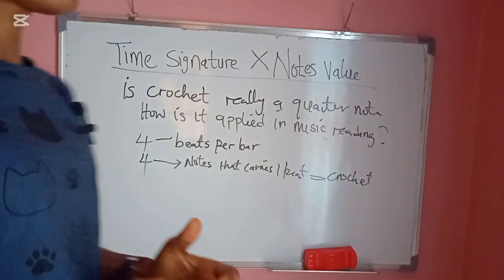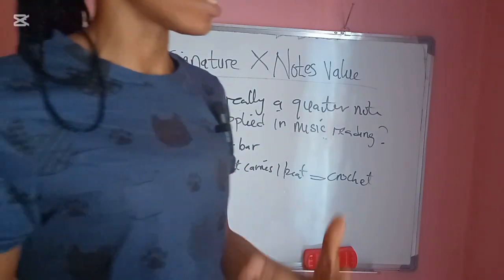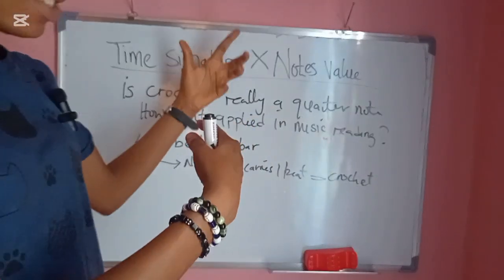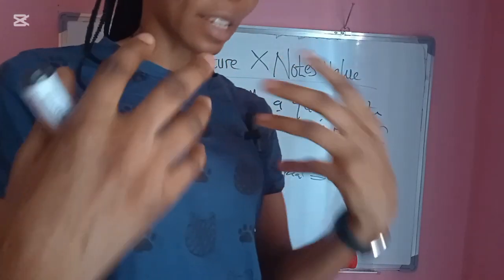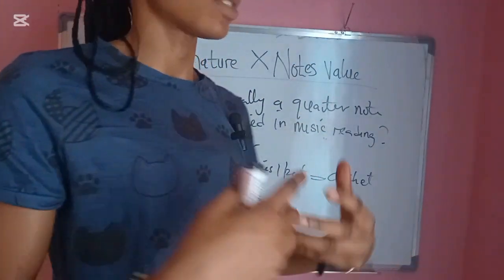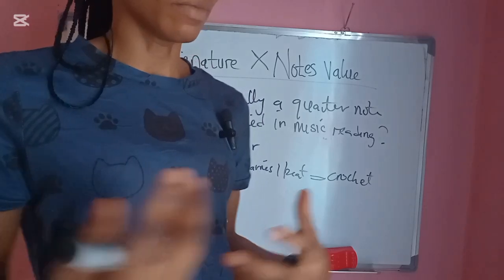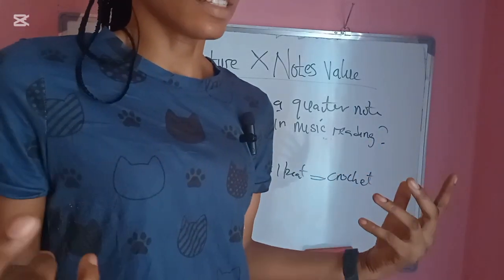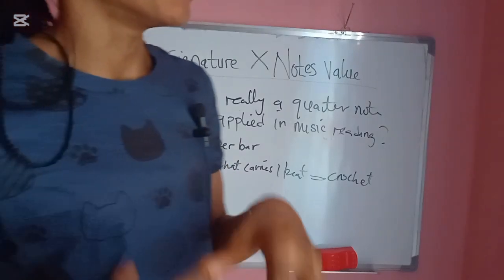Going back to how crochet is a quarter note, I'm now going to use that method to give you something clearer. This is my own way of explaining the rudiments of music, music reading, and I've tried this on many people, and I find out that it's helpful. So I'm also going to use this on you.